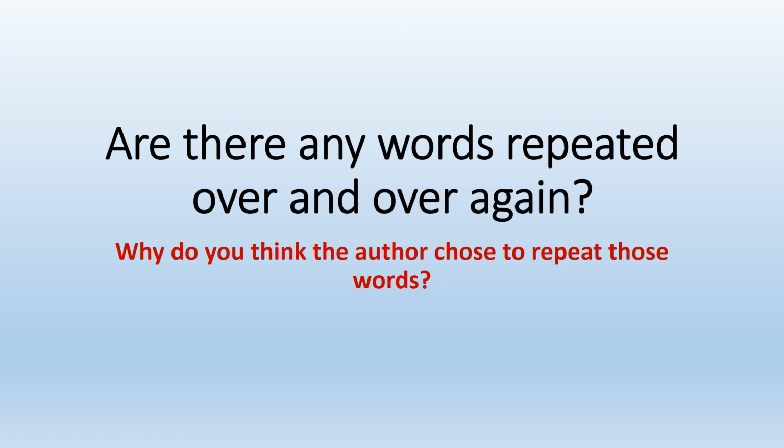Once you've allowed your students time to have some discussion over the many different people this poem could have been written for, we're going to look at the words that are repeated in the poem. The question that your students should ask themselves is, what do they hear being repeated over and over and over again in the poem?